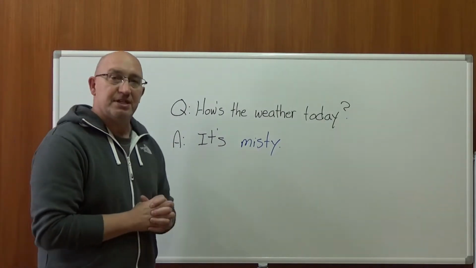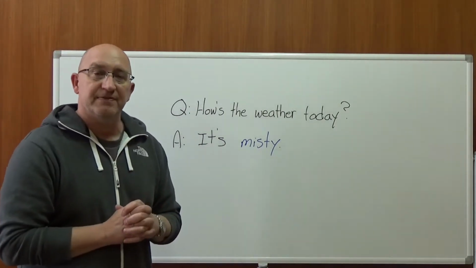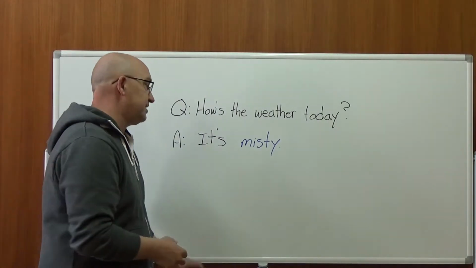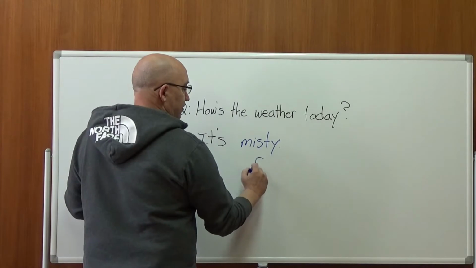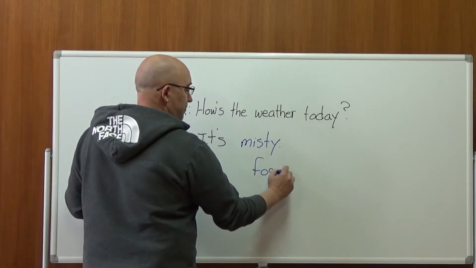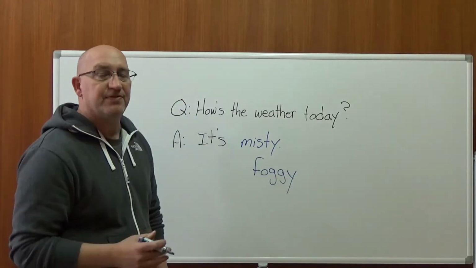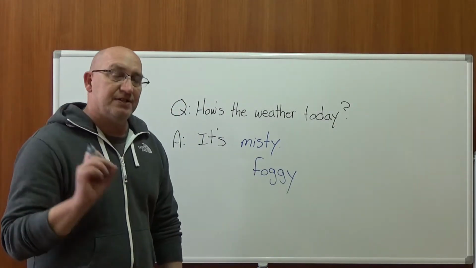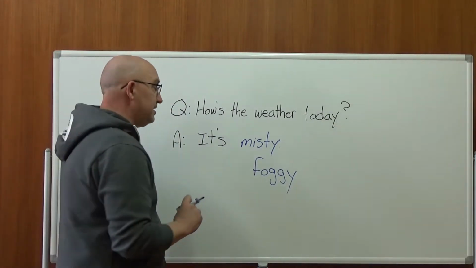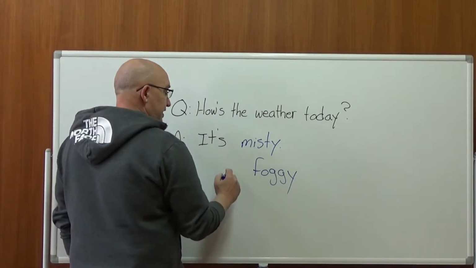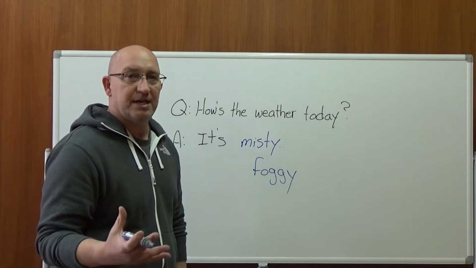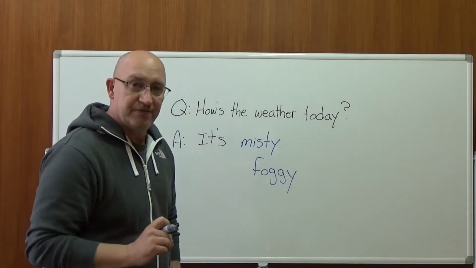This word, misty. Do you understand the meaning of this word? In a previous lesson, we talked about the word foggy. For example, it's foggy. Misty is very much like foggy, okay? But misty is much lighter, much thinner fog.